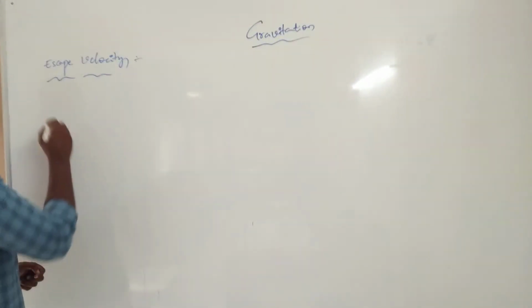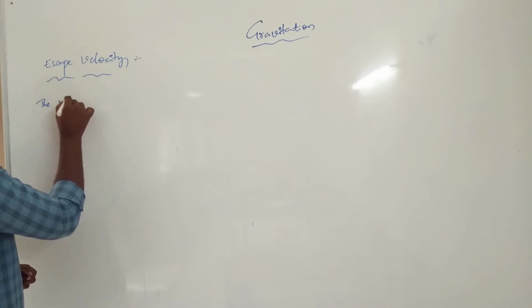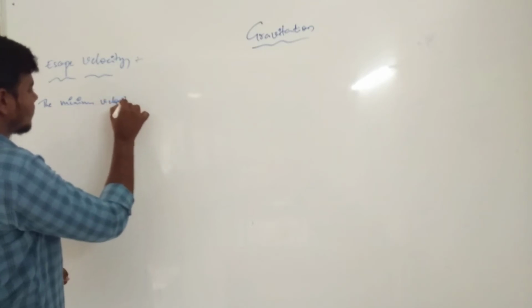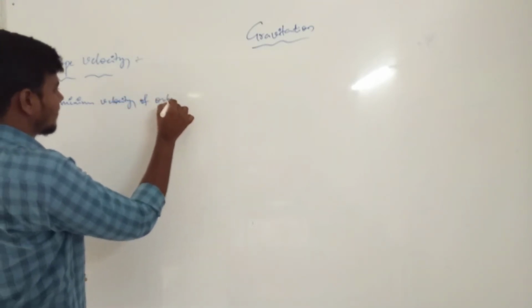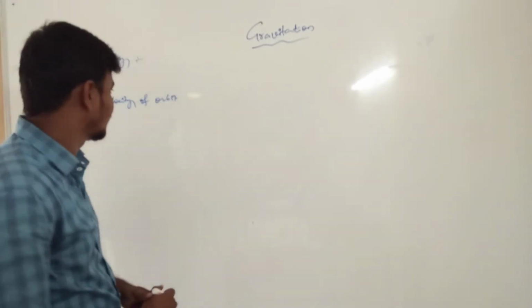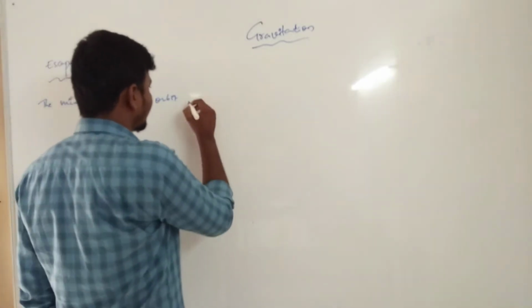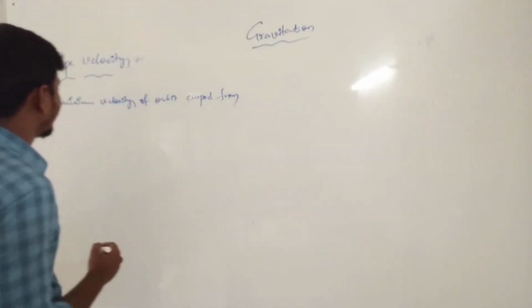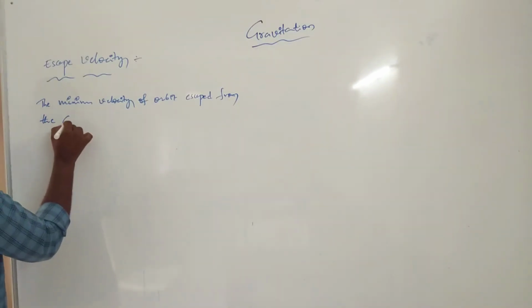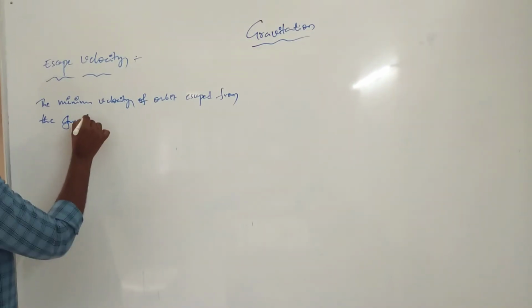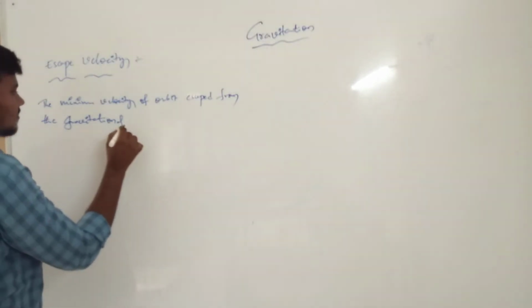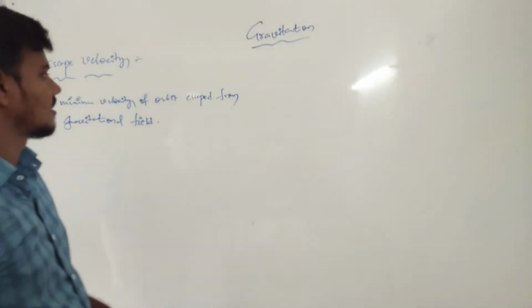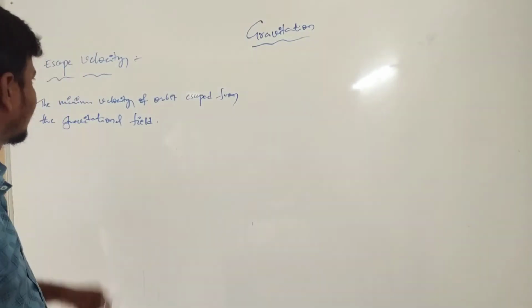The minimum velocity of orbit escape from the gravitational field is known as escape velocity.